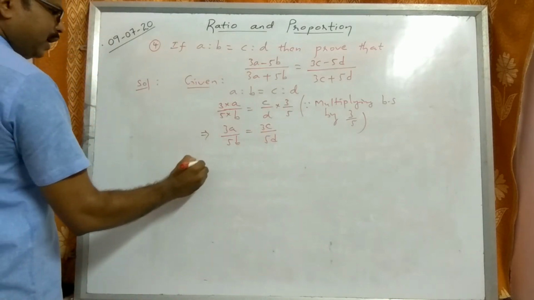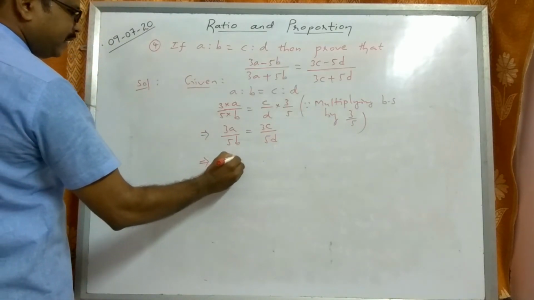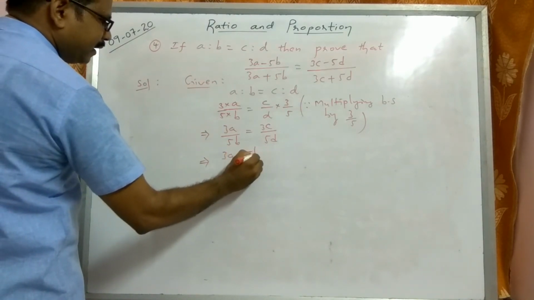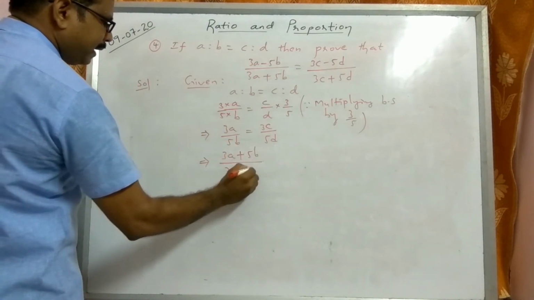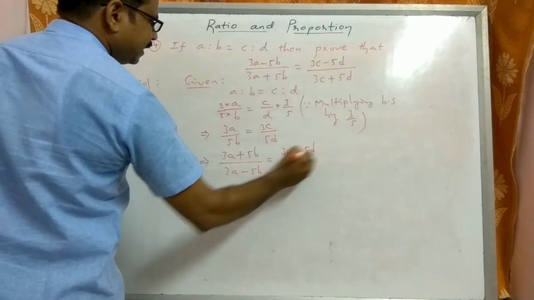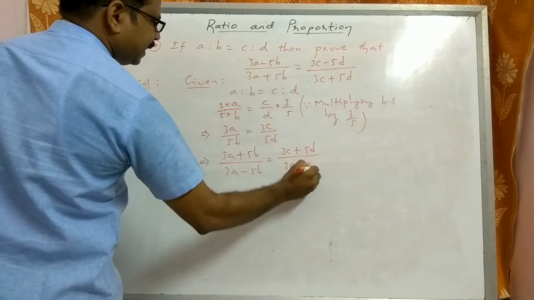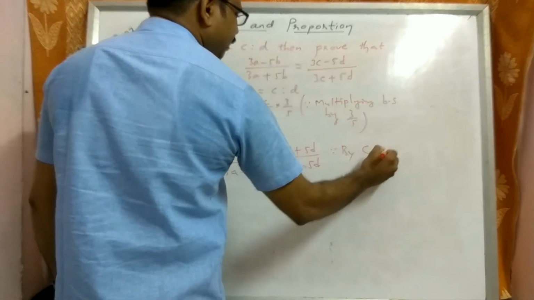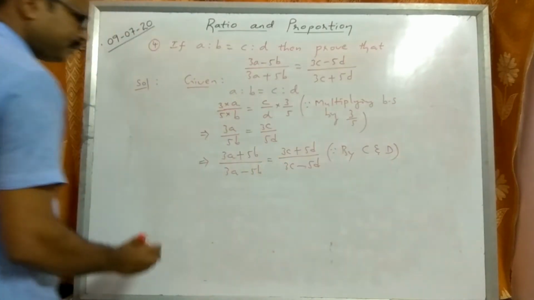Now take componendo and dividendo. How do we write componendo and dividendo? (3a plus 5b) by (3a minus 5b) equal to (3c plus 5d) by (3c minus 5d). Since by componendo and dividendo.